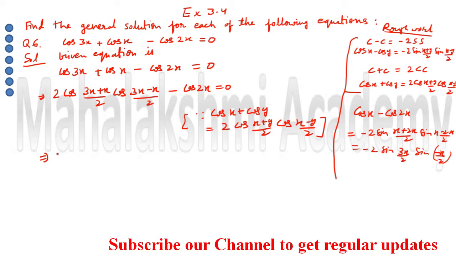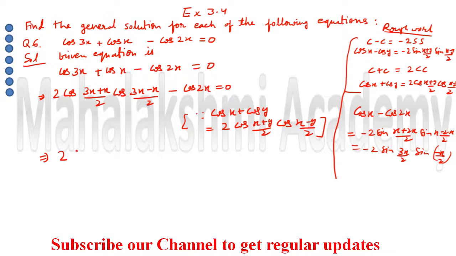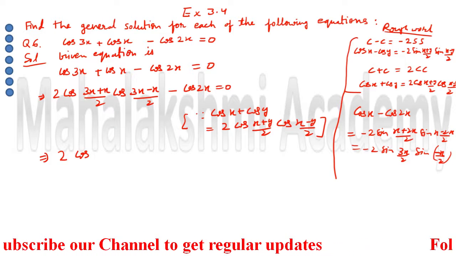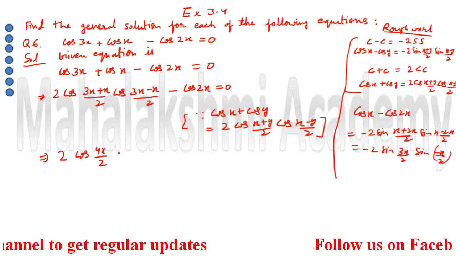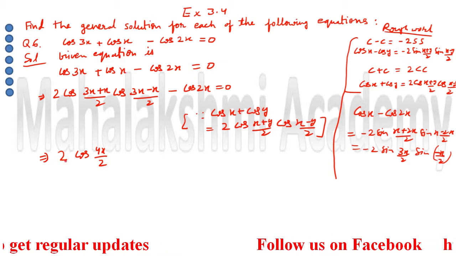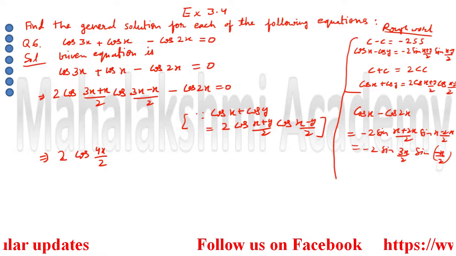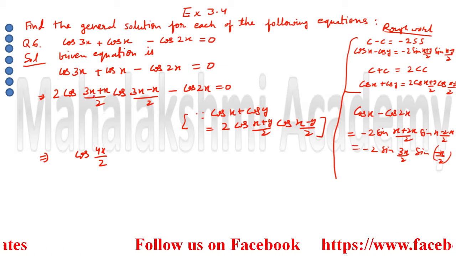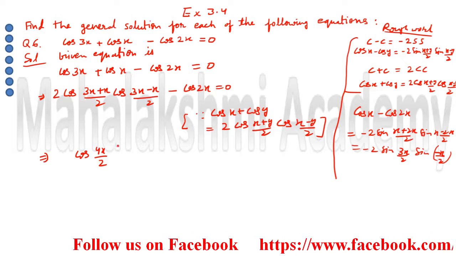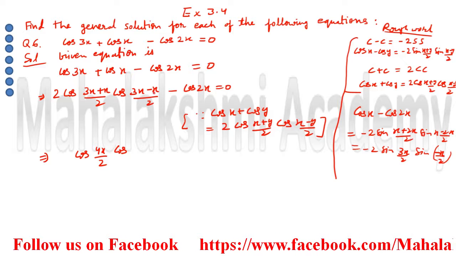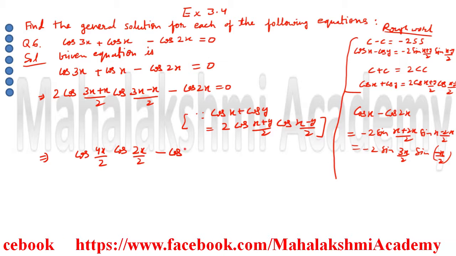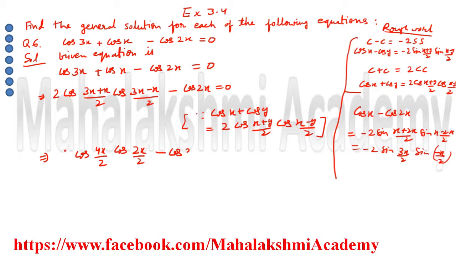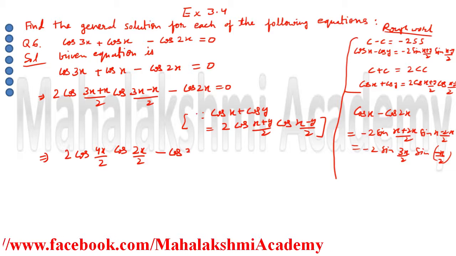here we'll add them, so we'll obtain 2 cos (3x plus x is 4x) upon 2. This 2 I am going to replace on the right hand side, so I am erasing it. So 3x plus x is 4x upon 2, then again cos (3x minus x is 2x) upon 2, and minus cos 2x I am just writing again here, students.